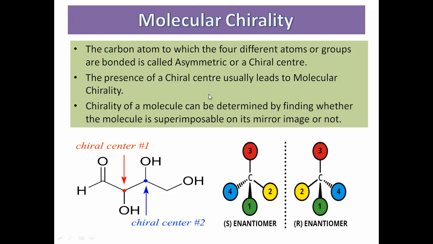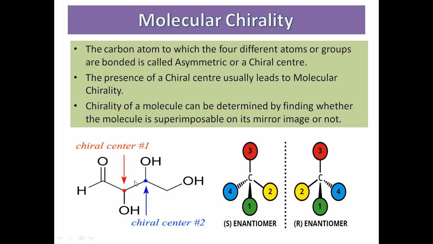The presence of this chiral center in the molecule leads to molecular chirality. So the chirality of a molecule can be determined by finding whether the molecule is superimposable on its mirror image or not.